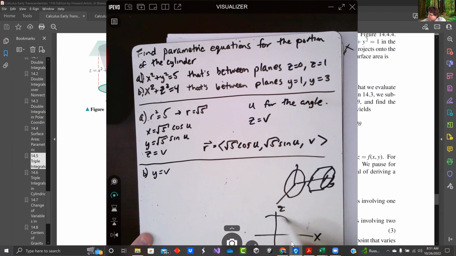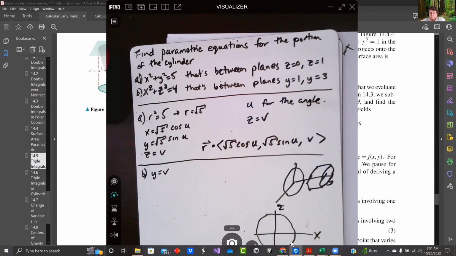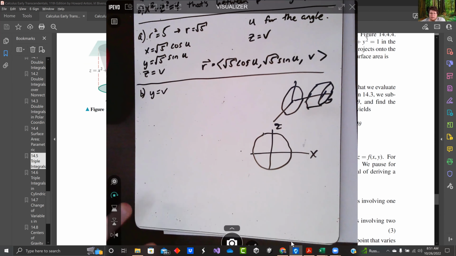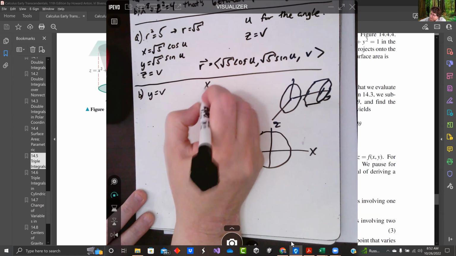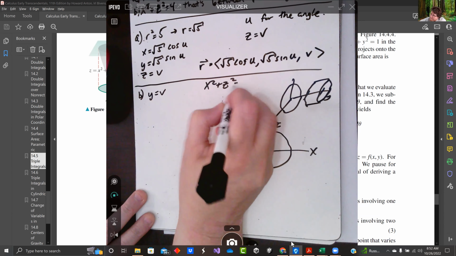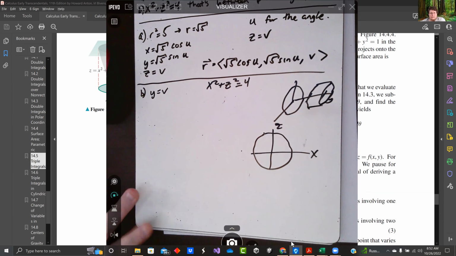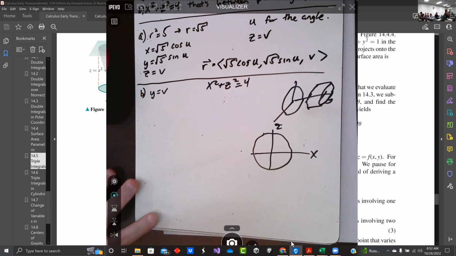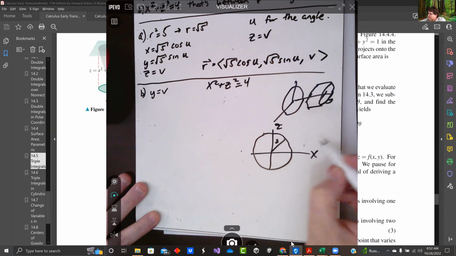So we got a circle. This was x squared plus z squared equals 4. Let me bring that back up. So the R is 2 here, right? Radius of 2.